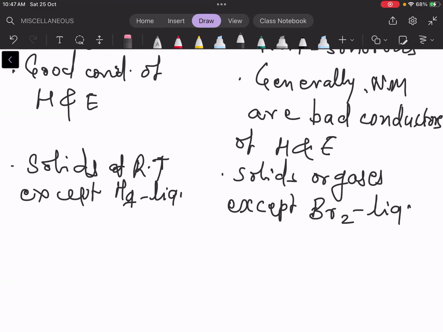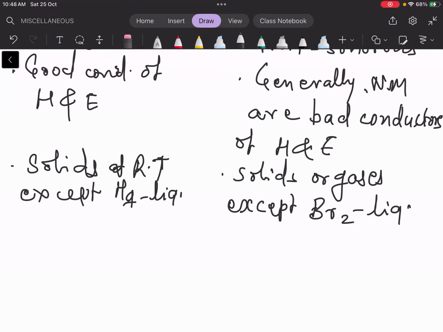Now, metals as well as non-metals have a tendency to react with water. Then metals react with acids. Non-metals react with bases.